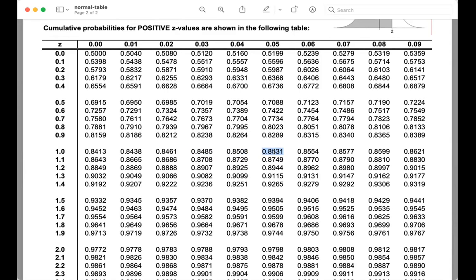If it's exactly in between, you might average the two. But in this particular case, if one number leans towards 0.85, this one would be it. So our Z here is going to be 1.04.